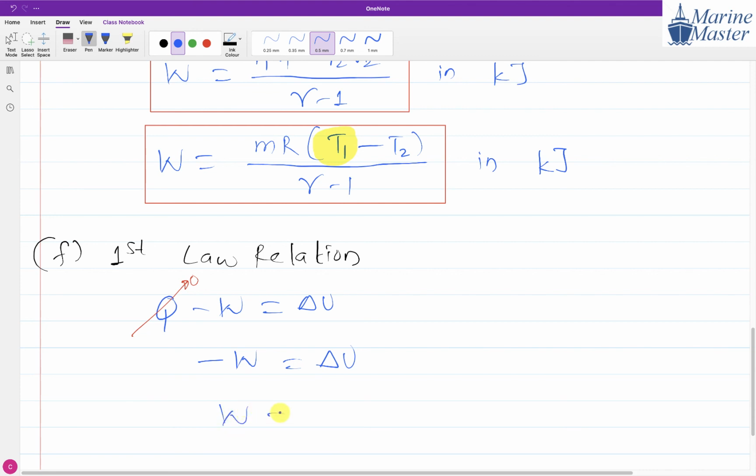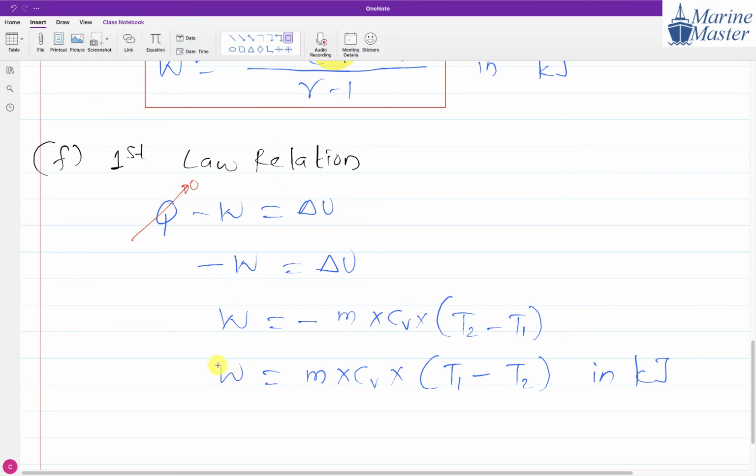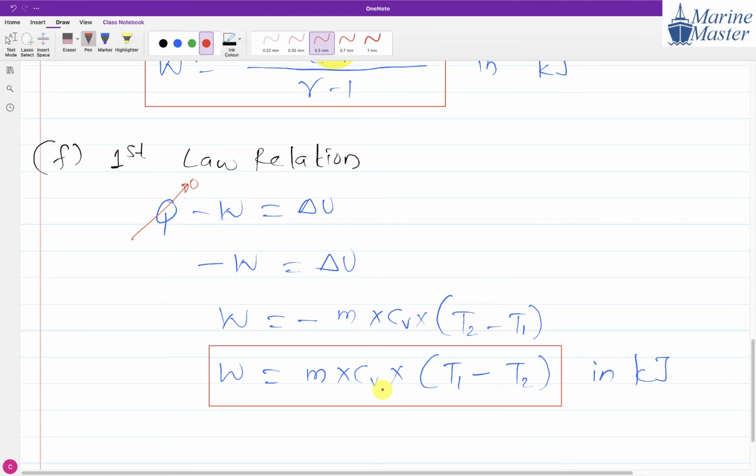So W will become m Cv (T1 minus T2). Remember, T1 means initial temperature, T2 means final. 1 stands for initial, 2 stands for final. So please write down this one.